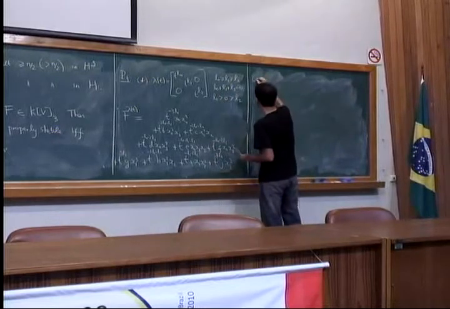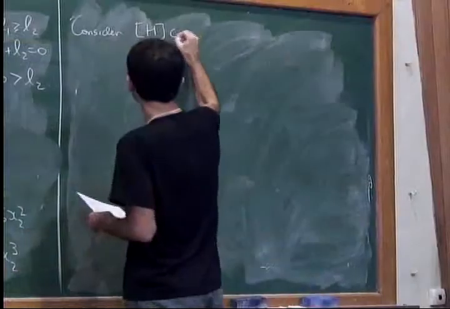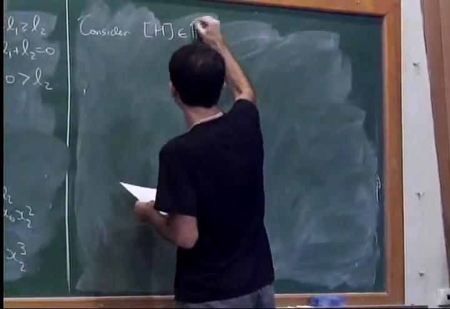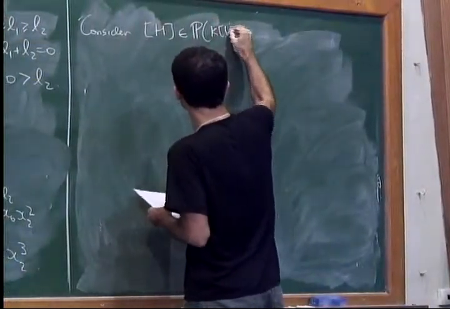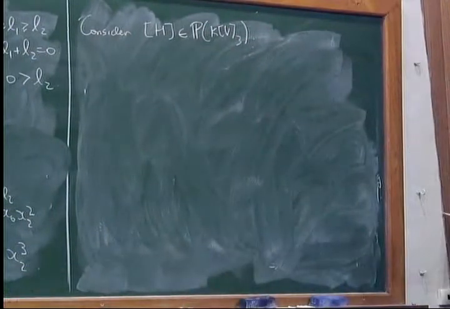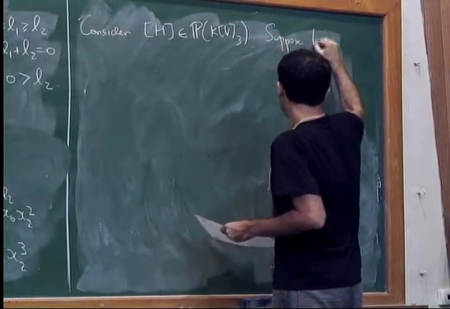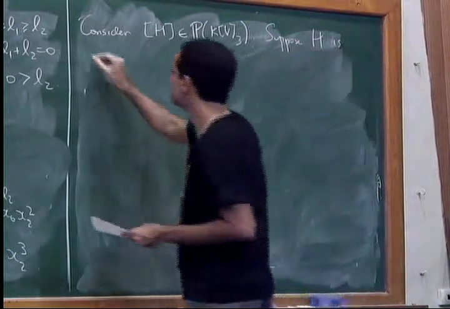Okay, so what we want to do now, so let's try to prove this statement. So let's consider some h in P. So let's consider a cubic. Suppose x is singular.